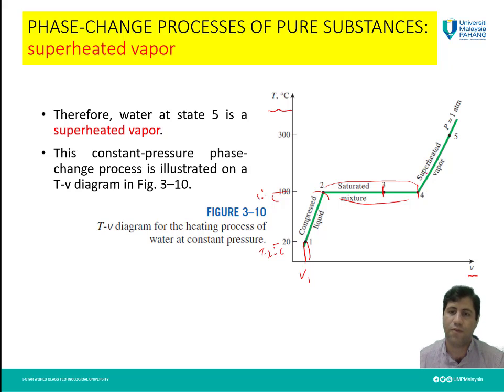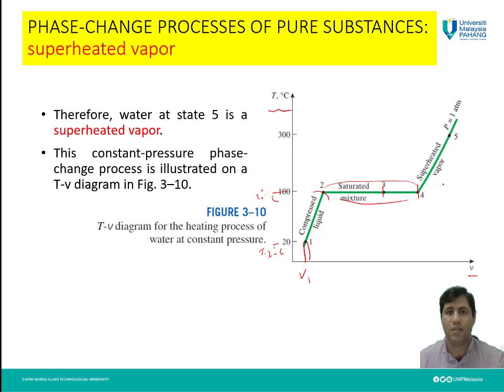Then this is for stage 5, which we had this process. We have superheated vapor. You can see here the volume is increasing, and the temperature also is increased. If you remember, this temperature was increased from 100 to 300 degrees Celsius.